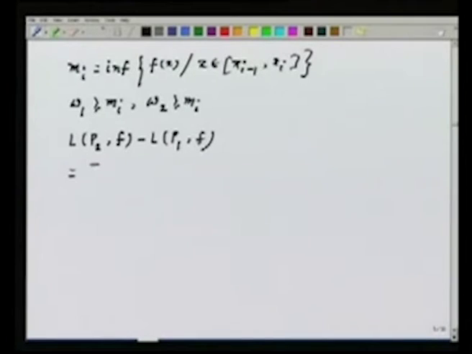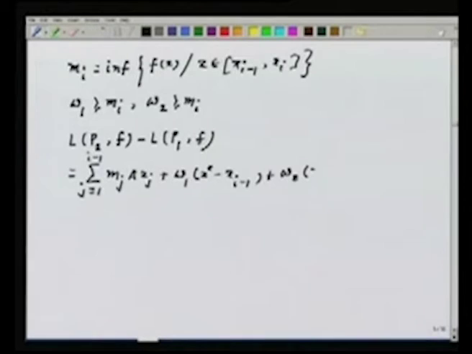So I can write summation j from 1 to i minus 1, first this, I will write this as mj delta xj plus W1 times (x star minus xi minus 1) plus W2 times (xi minus x star) plus summation j from i to n mj delta xj.